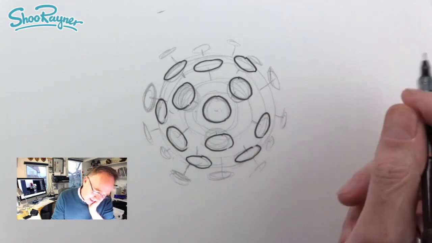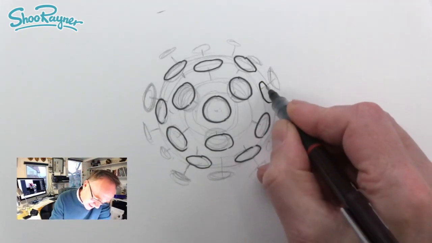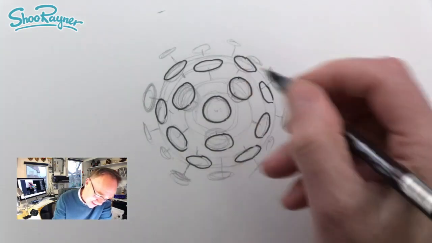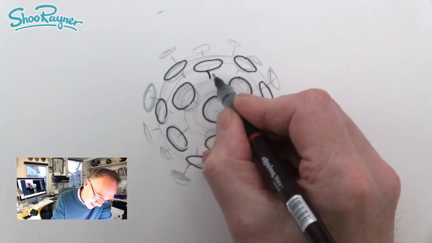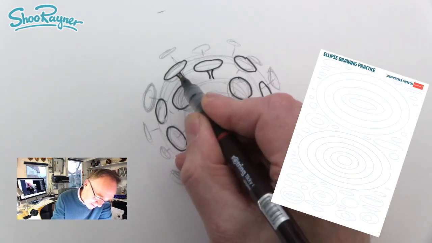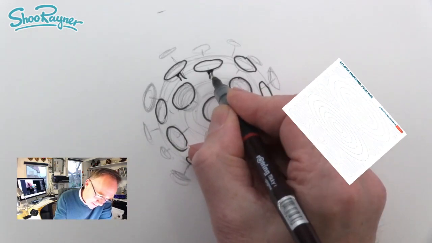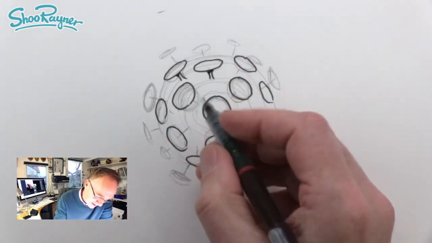And if you want to learn about ellipses, and if you want to get good at ellipses, I did a thing on Patreon just recently where I did a sheet of ellipses where you can practice by going around them. What I'm doing here is I'm adding a bit of shade. I'll do that later. I need to talk about the shade.